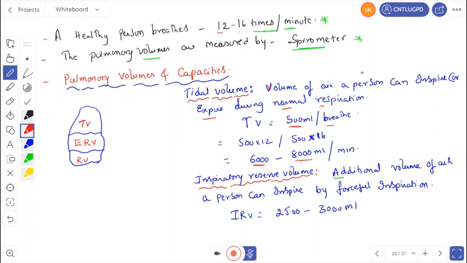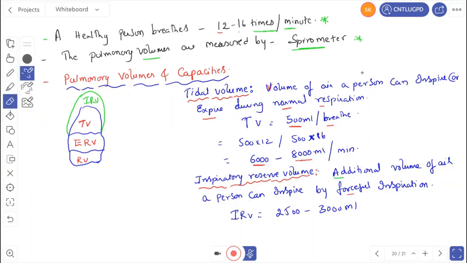Then inspiratory reserve volume: the additional volume of air a person can inspire by forceful inspiration. Additional means in addition to tidal volume. In normal breathing you are taking tidal volume. Along with your tidal volume you are forcefully inspiring, so you are breathing in more air, this extra air. This is called inspiratory reserve volume, IRV.